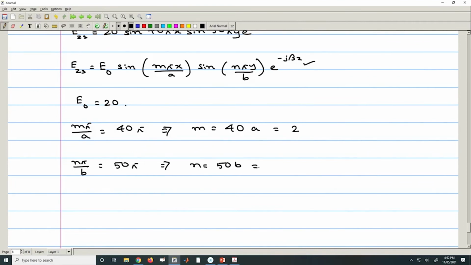On substituting the value of b as 2 centimeter, we get n as 1. Therefore, the indices are 2 and 1. So, TM21 mode is being propagated.